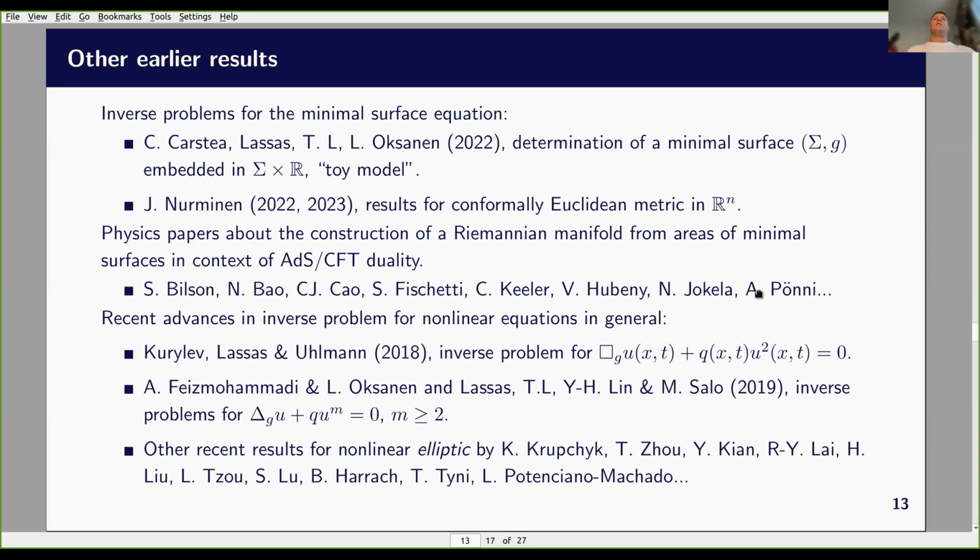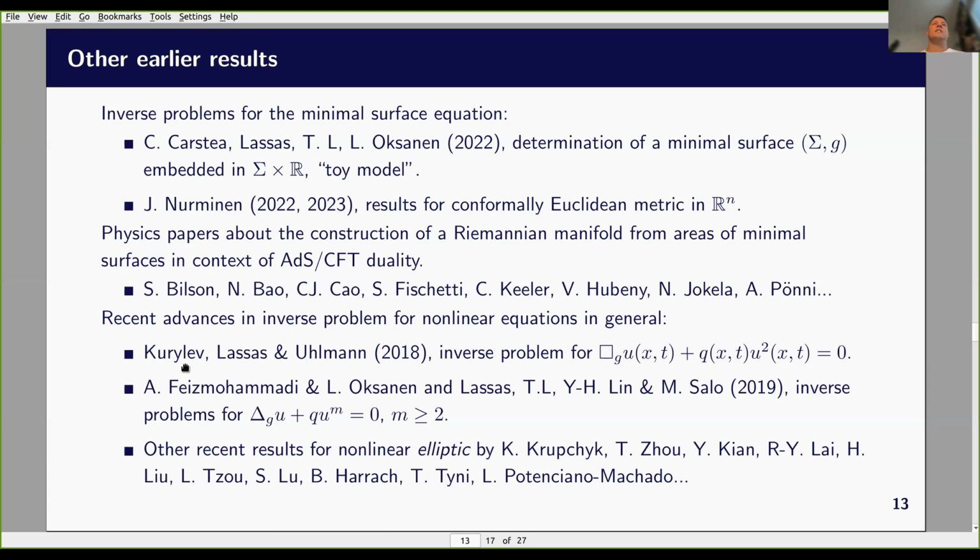The study of inverse problems for nonlinear equations started from a paper by Yaroslav Kurylev, Matti Lassas, and Gunther Uhlmann in 2018. And they studied the nonlinear wave equation in Lorentzian spacetime. And that paper contained the idea of how one can use nonlinearity as a beneficial tool.